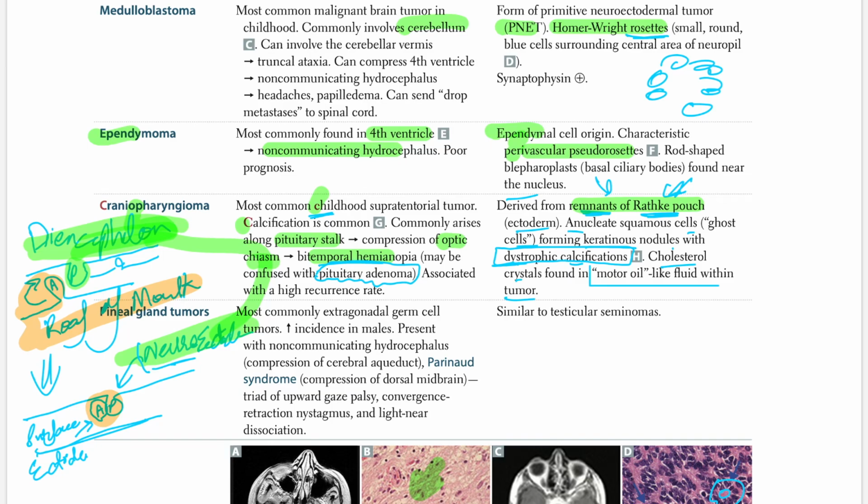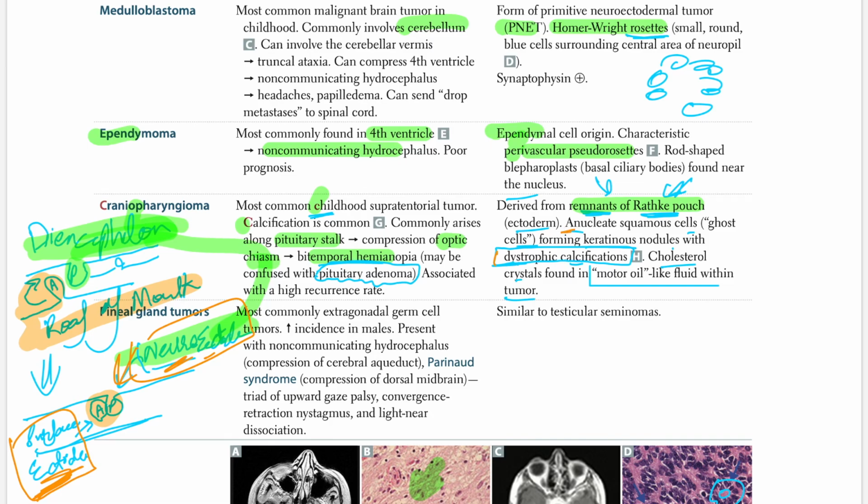So you have the posterior pituitary arising from, let's just mention here, neuroectoderm, and the anterior pituitary arising from surface ectoderm, because it's the roof of the mouth, surface ectoderm. Diencephalon, the neuroectoderm.